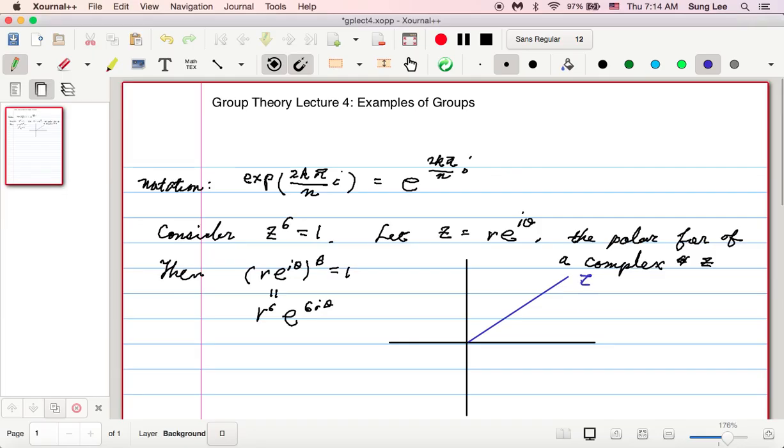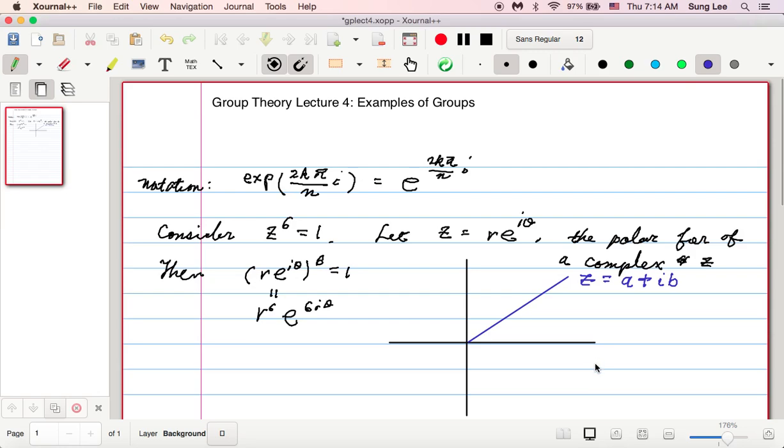In general, a complex number is written as a plus i b. Here a is the real part of z, and b is the imaginary part.